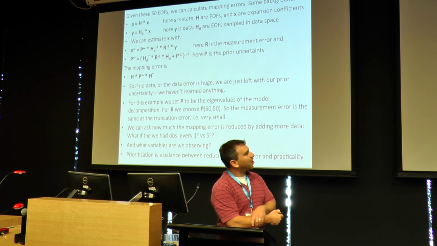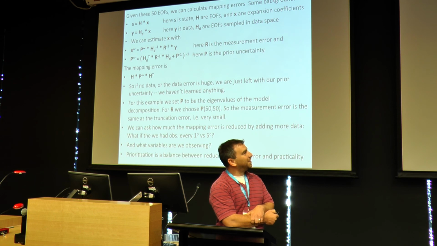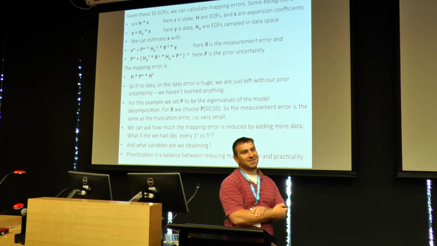Right. So this R I'm talking about is the measurement uncertainty. It really is a combination of the measurement uncertainty plus the representation uncertainty of your model.